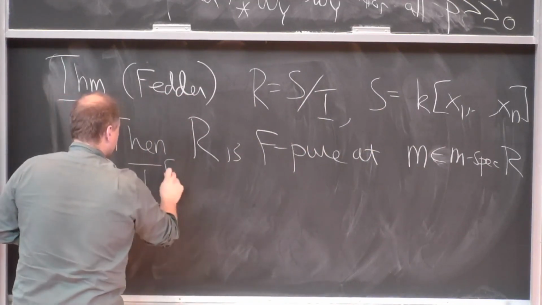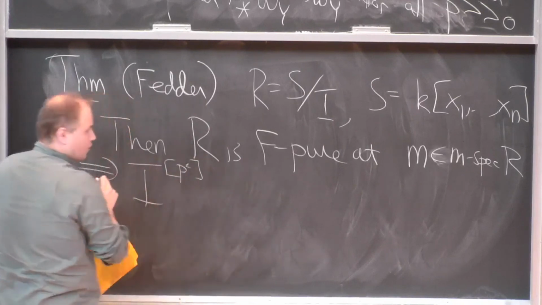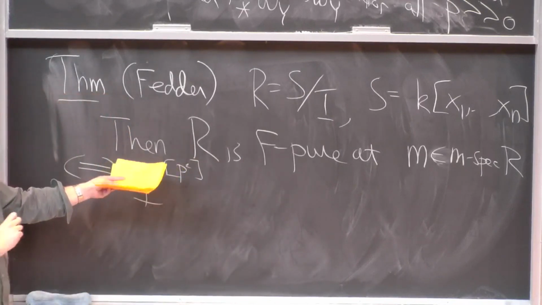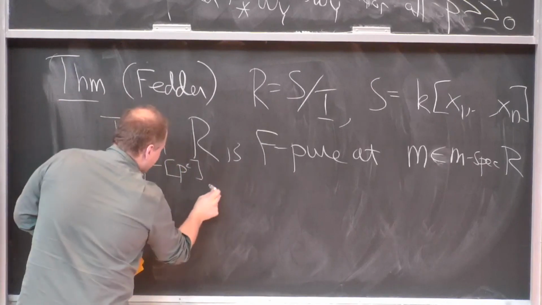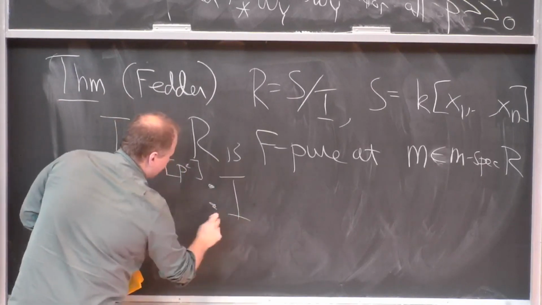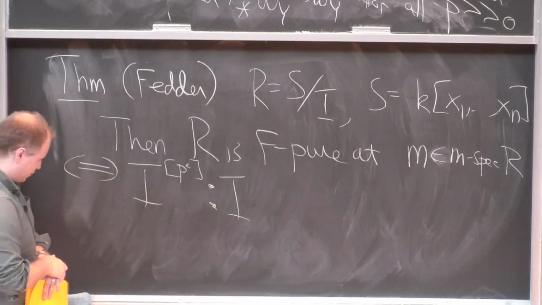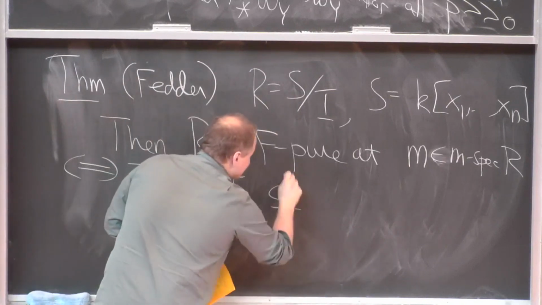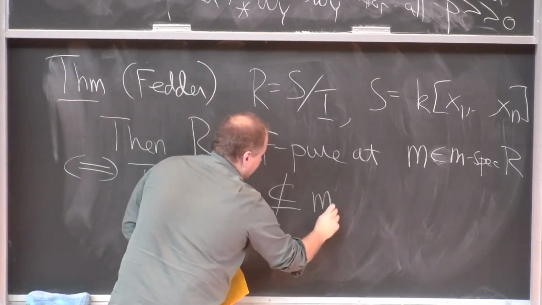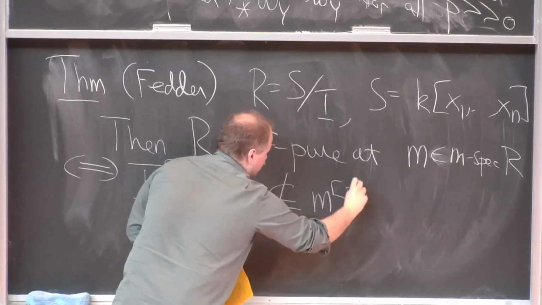I'm going to explain this notation because it definitely does not coincide with the birational geometry notation. I^[p^e] : I, and again, this colon may not be so familiar to some people, is not contained in M^[p^e].